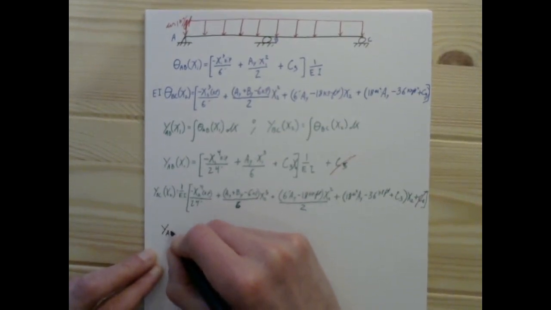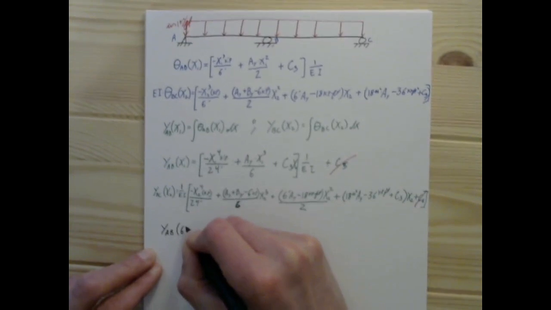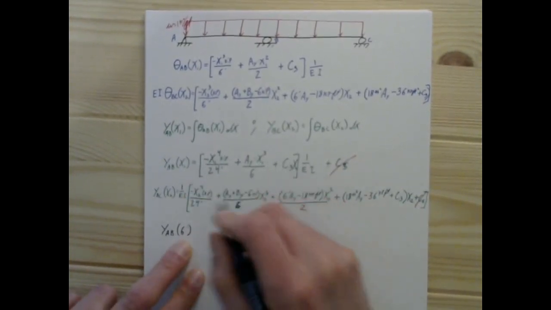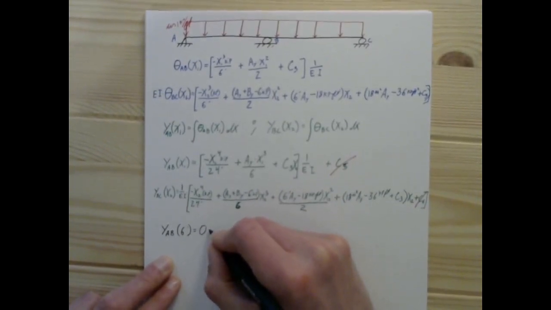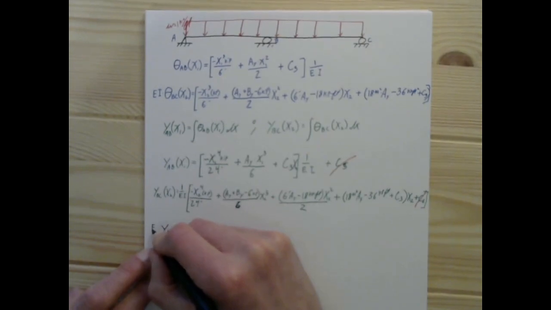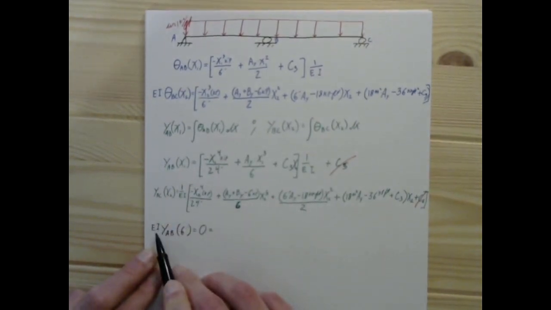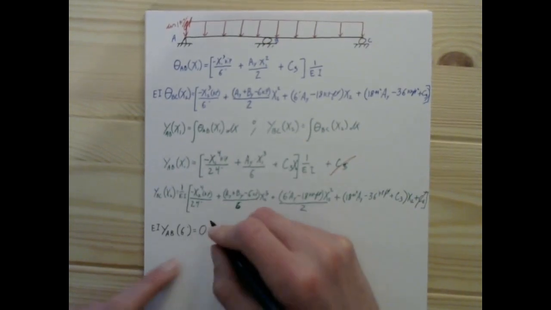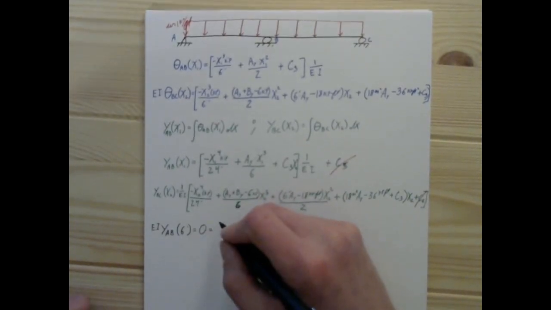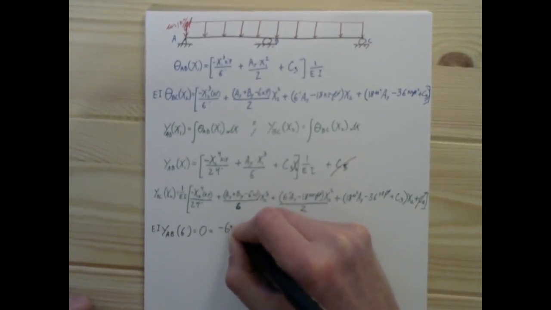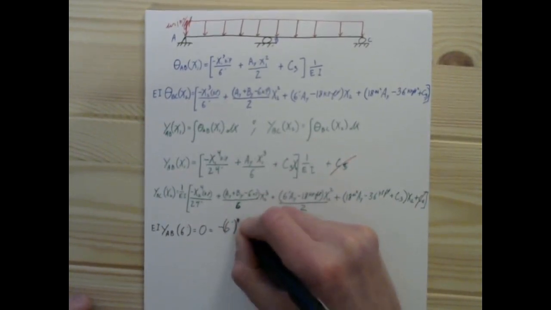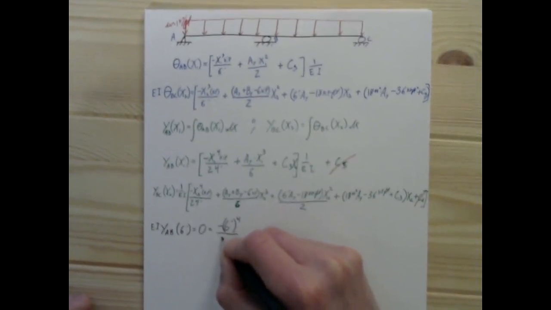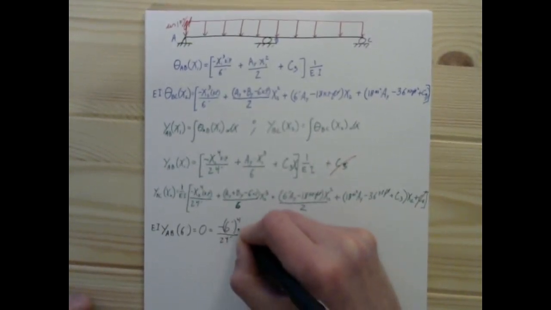So, putting six feet into that, we know it'll be 0. I'm going to move that over there because we don't need it. Multiply both sides by the Young's modulus and the second moment of inertia. So, negative, let's put that in parentheses, 6 feet to the fourth divided by 24 feet and multiplied by kips.